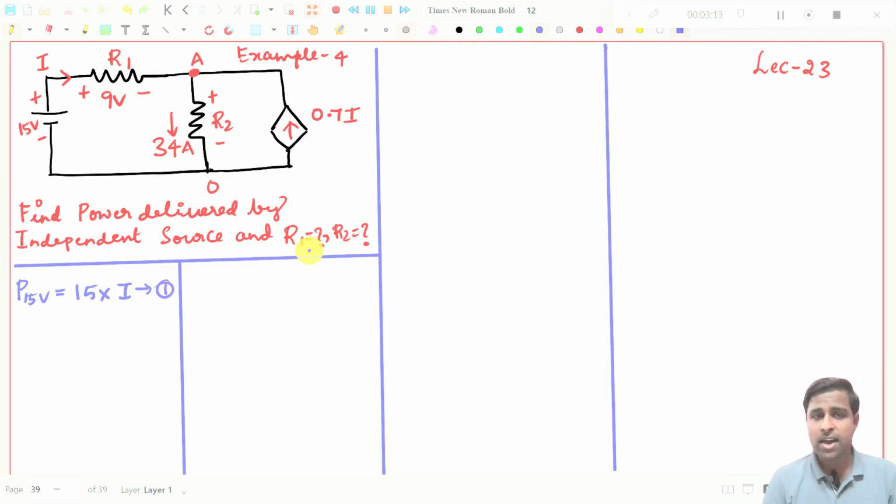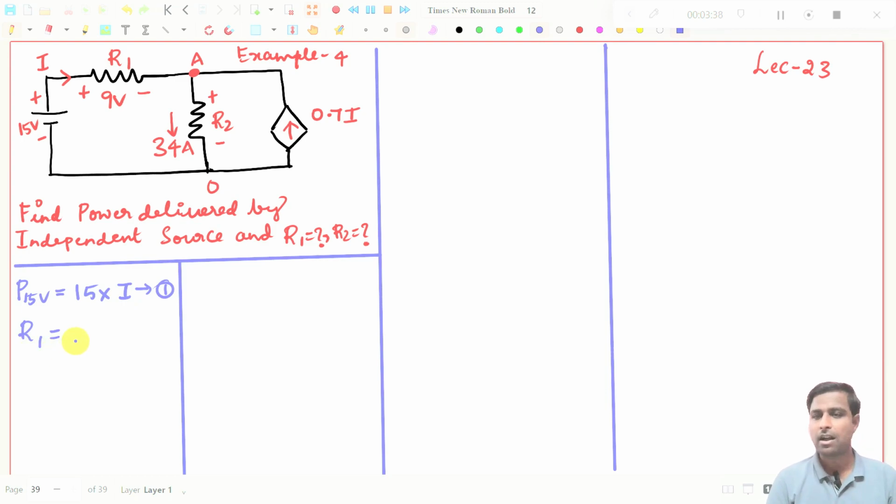And what is R1? R1 is the resistor connected in the first branch, the first loop. How can we write R1? We know that the current through R1 is I, and the voltage across R1 is already given, that is 9 volt. What is the formula for resistor?